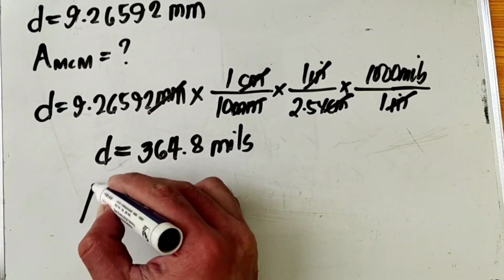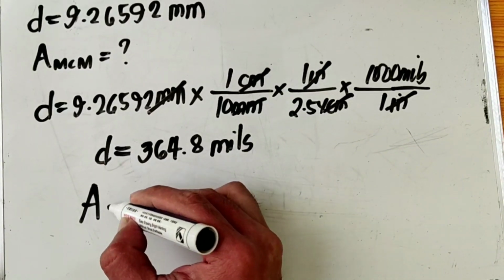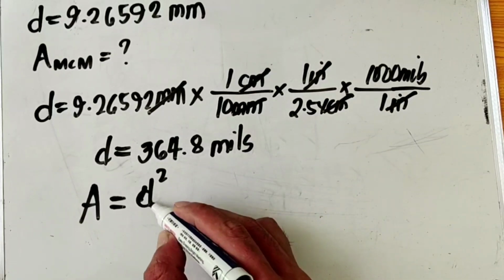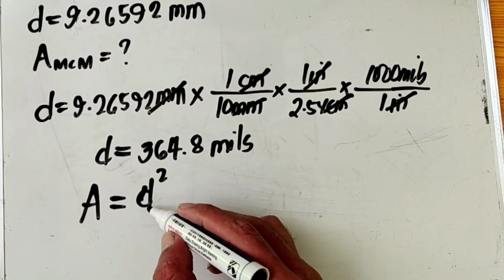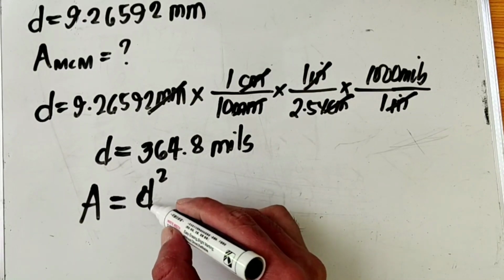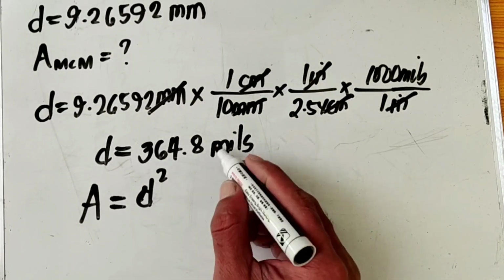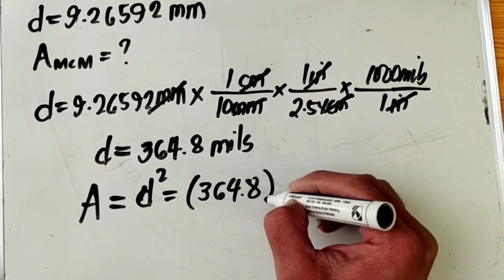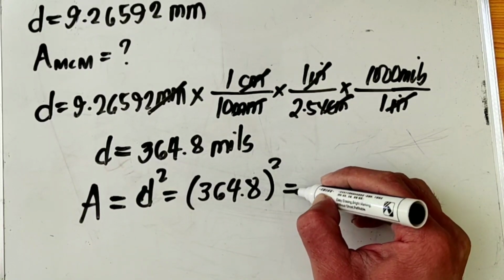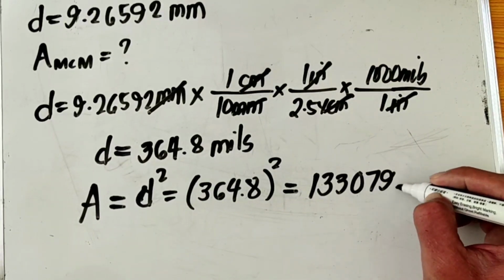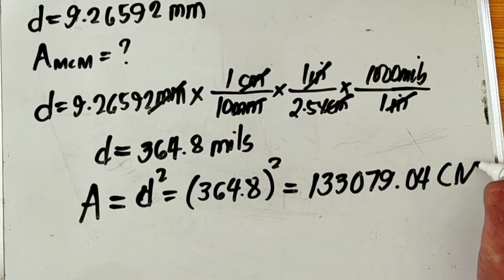And this time, we can now find the area in MCM. So area is equal to just d squared. Kasi sabi ko nga po, gagamitin nyo ang d squared kapag ang unit ng area ay circular mil, provided that the diameter here should be in mils. So that will become 364.8 squared, and you will arrive at the answer 133,079.04 circular mil.